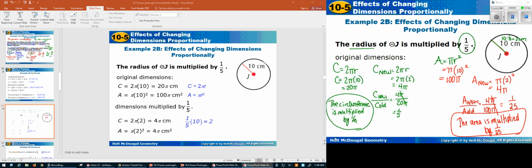But if you only change one dimension by a factor of A, so you multiplied one dimension by A, what impact did it have on the area? Okay, the area is multiplied by A. But keep in mind, that's if there's more than one dimension. So like a triangle, a rectangle, a regular polygon that's not made up of equilateral triangles. If you change one dimension and there's multiple dimensions, it's only going to multiply the area by A. Everybody agree with that? Okay?